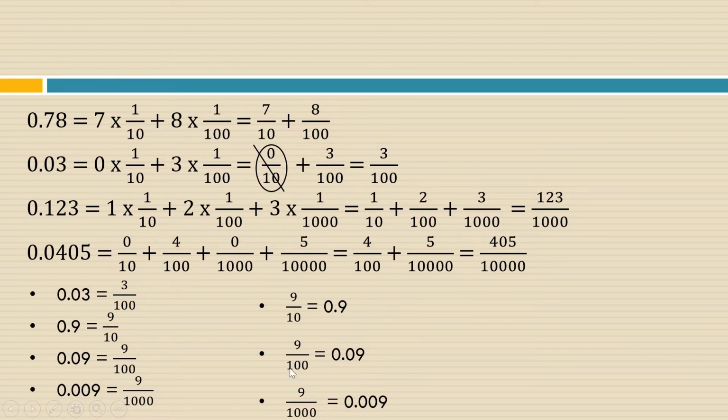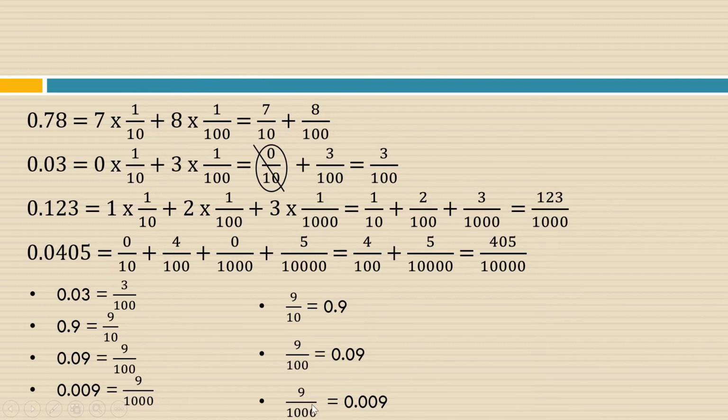9 by 100. In the denominator, there are 2 zeros, but in the numerator, only 1 digit. Then we want 2 digits in the decimal part. So, we put 0 after the decimal and before 9.